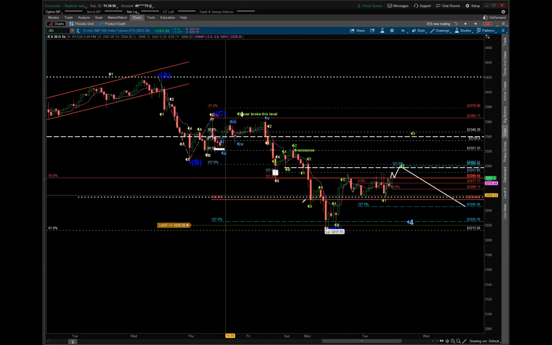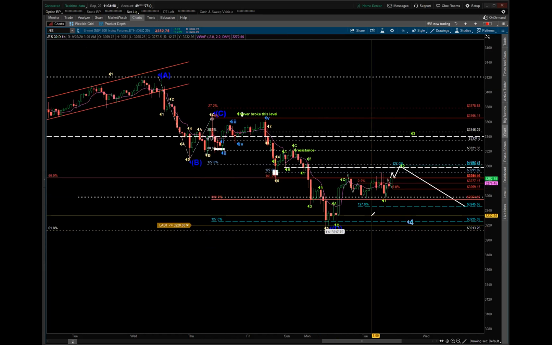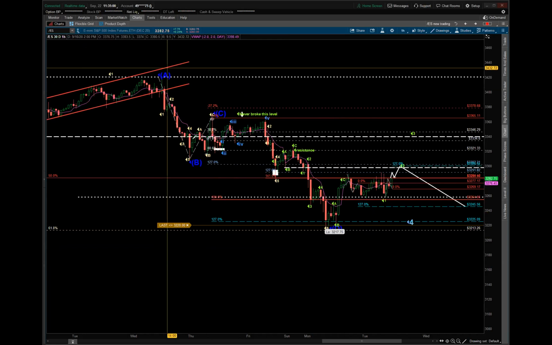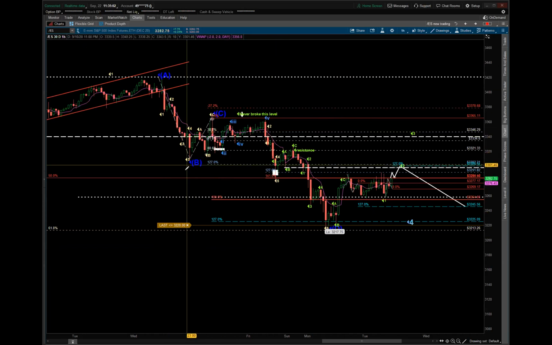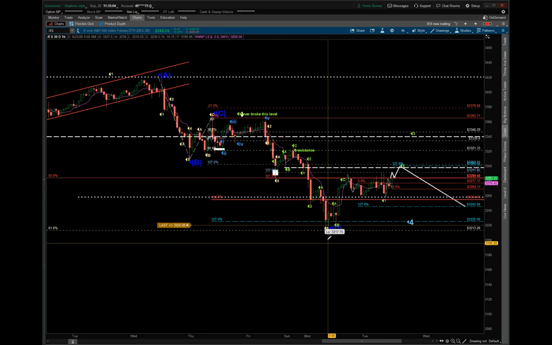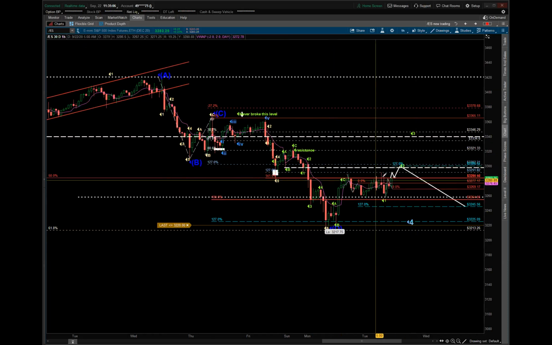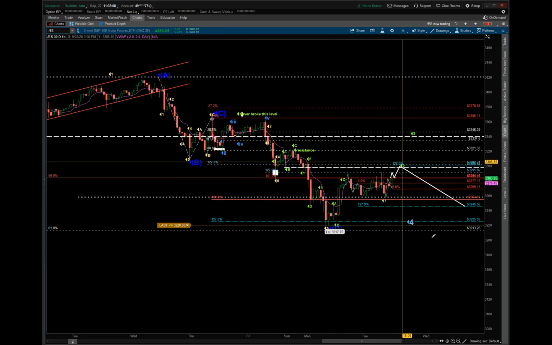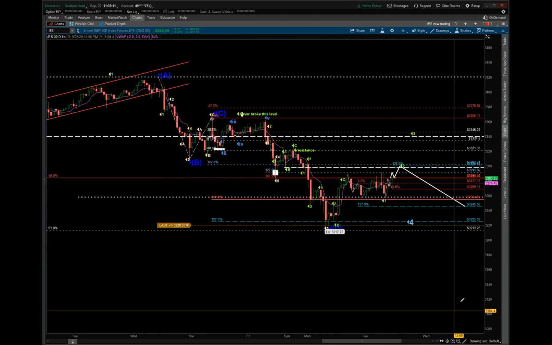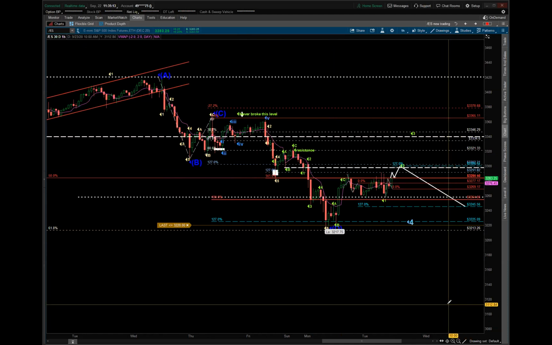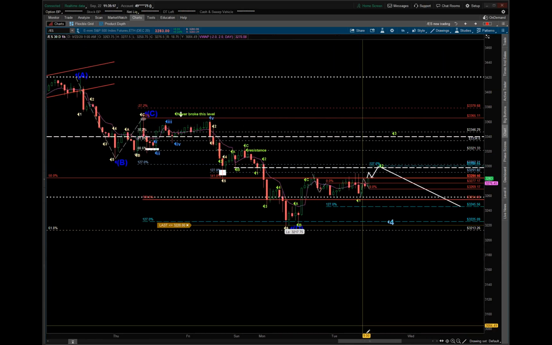ABCDs are key for reversals, unless we have a bigger wave countdown, which is going to be a 1, 2, 3. We never broke this level, then we can have a 4, and way below here to a 5.